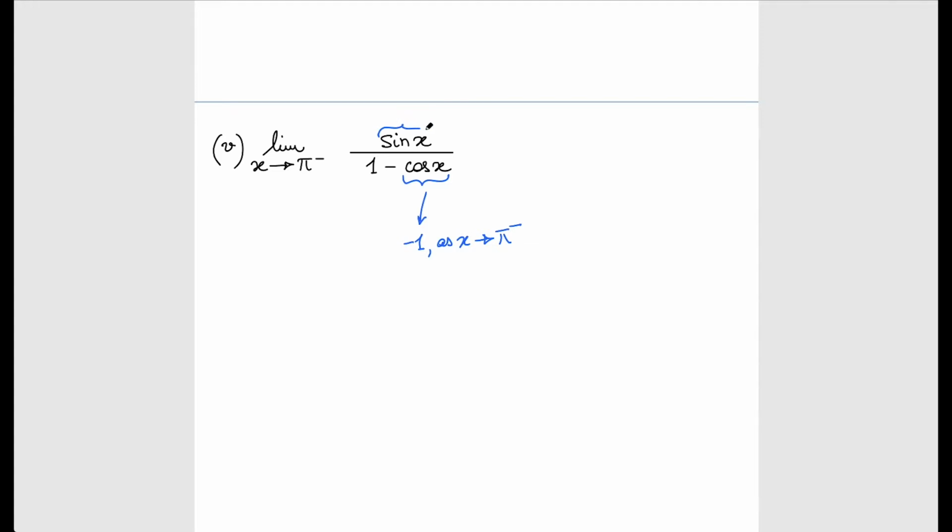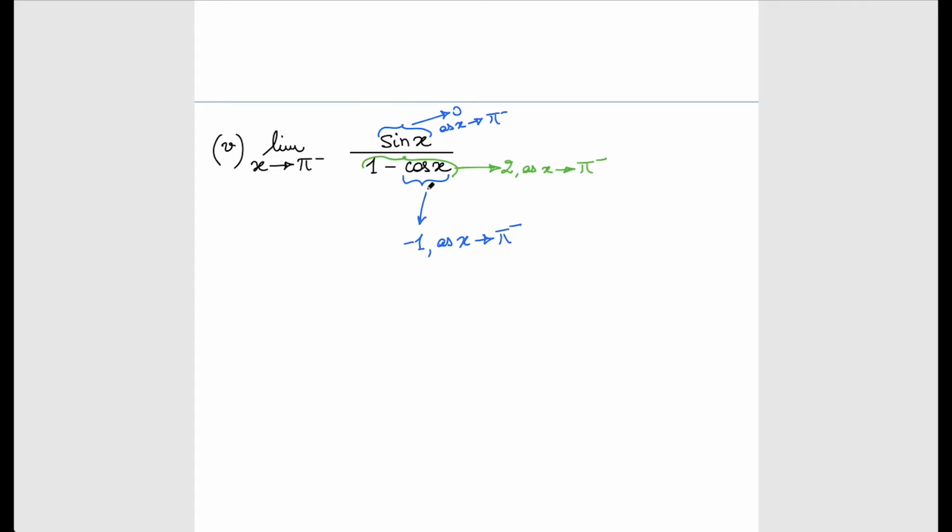So this guy goes to 0 and this guy goes to -1, which means downstairs, this whole thing goes to 2 as x goes to pi from the left, correct?